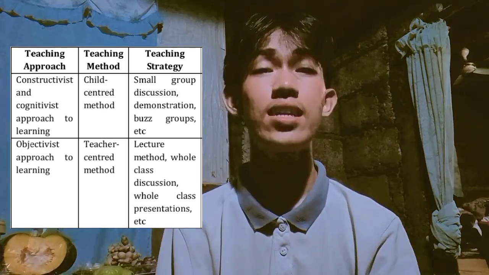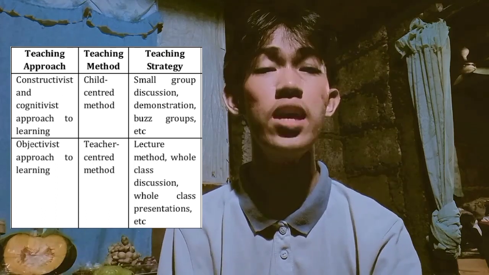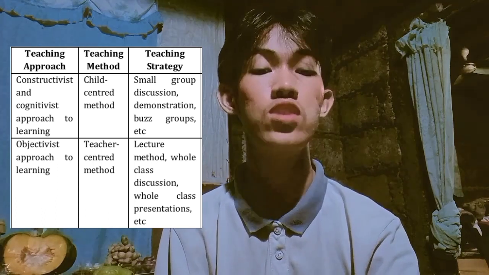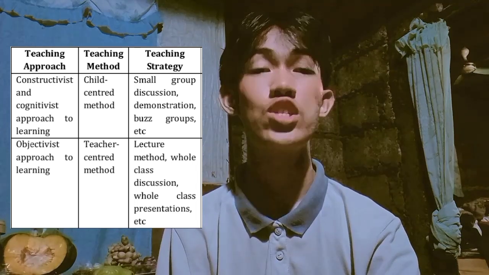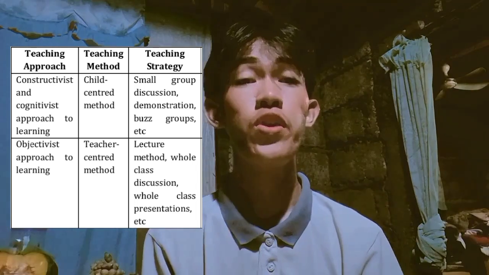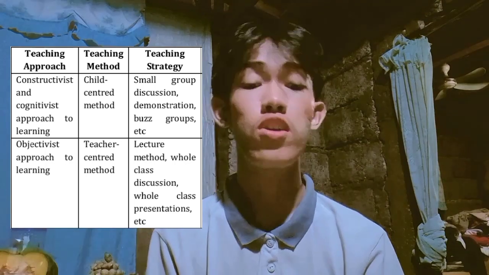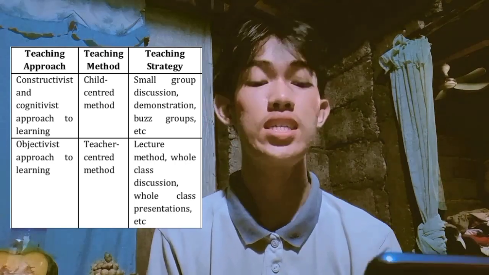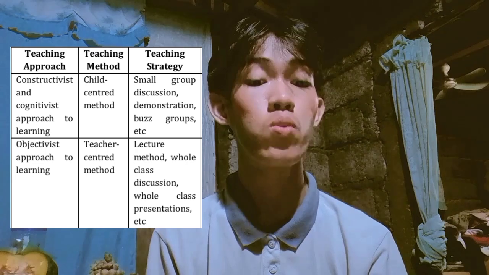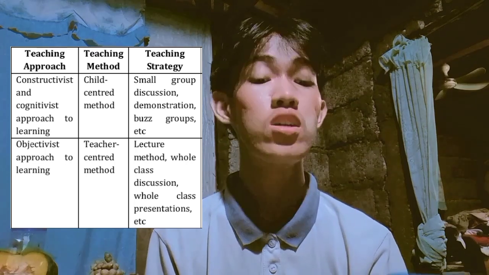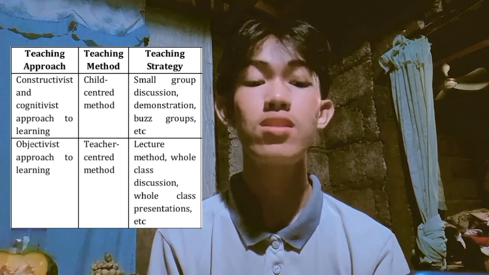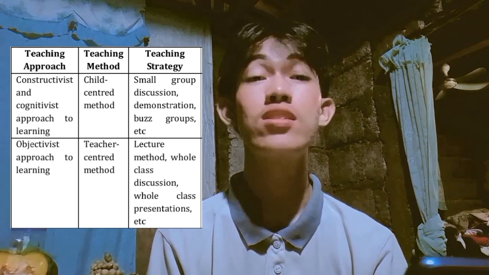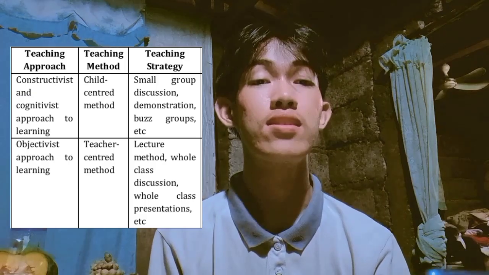While on the second column are some examples of teaching method, like child-centered method and teacher-centered method. And on the third and last column are some examples of teaching techniques, like pair work, discussions, snowballing, collaborating, lectures, talks, conferences, symposium, and etc.